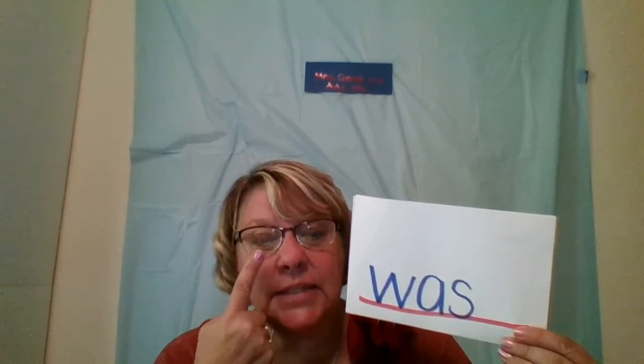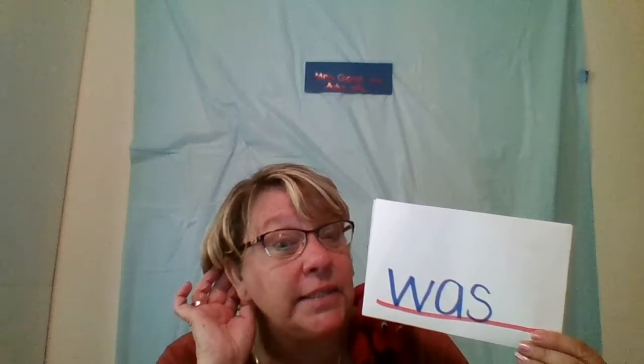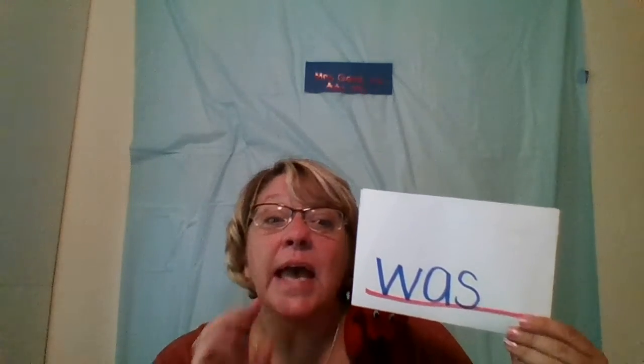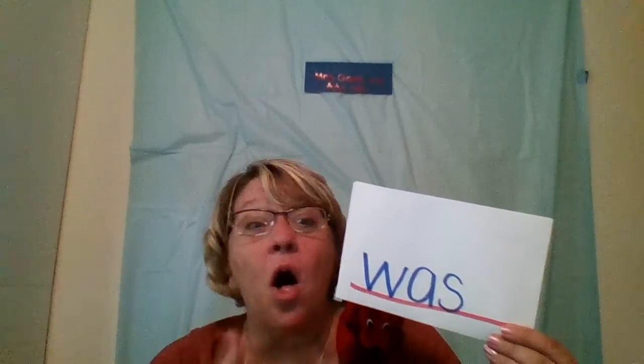For my brain to learn it, I need to see it, so I need to look at it. I need to hear it, so I know what it sounds like. And I also need to feel it. All three of those things together help me learn a word. So today in our red activity, we're going to do all of those things, okay?